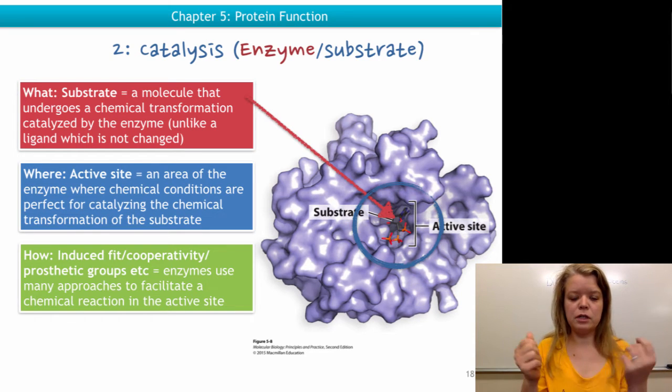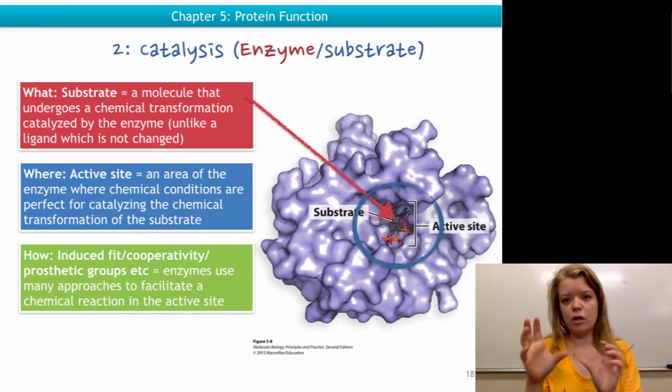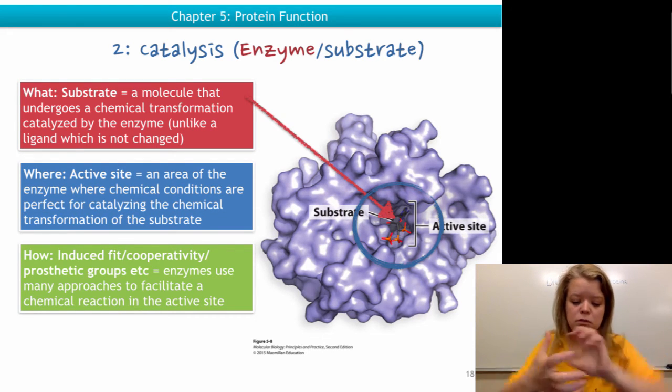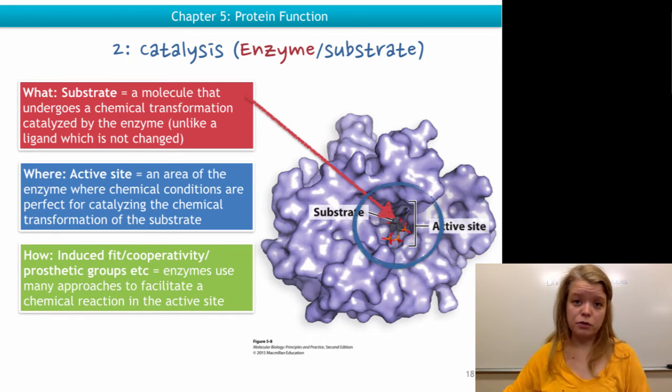And they do it by using a particular induced fit, just like ligand binding was, or the cooperativity between the different subunits of a multiprotein complex that allows for particular shifting of the substrate to stabilize several transitional states, or by using more chemically active prosthetic groups if the amino acid side chains cannot do the job. So a lot of the enzymes incorporate vitamins or various metal ions in order to help them catalyze reactions.